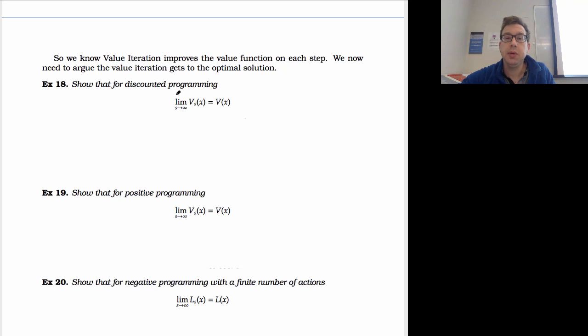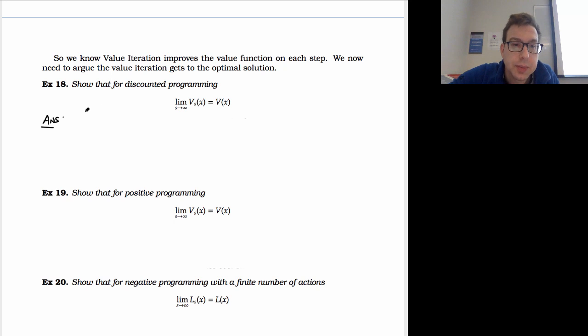So we want to show that for discounted programming, v of s of x is equal to v of x. The answer to this is the following.